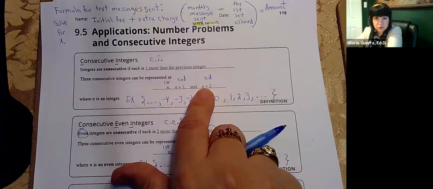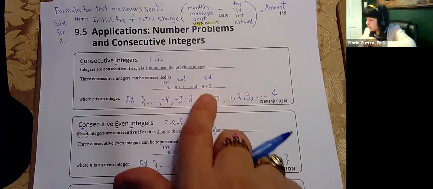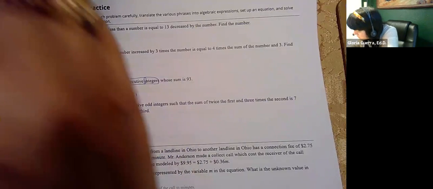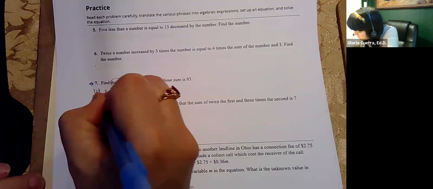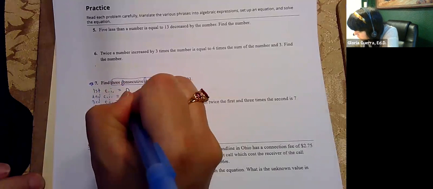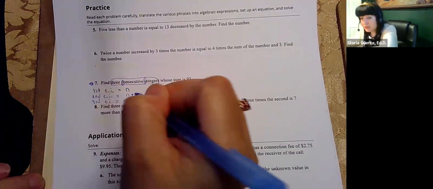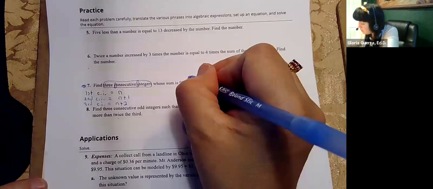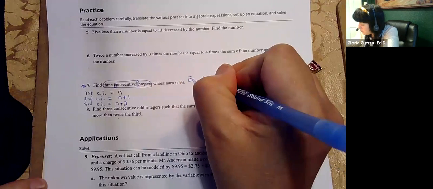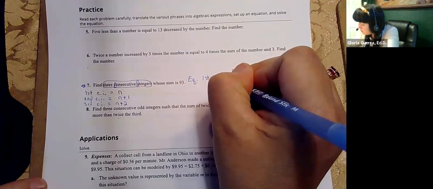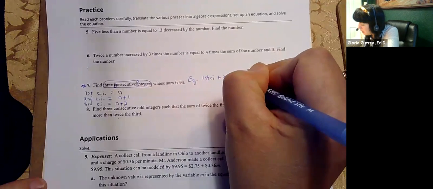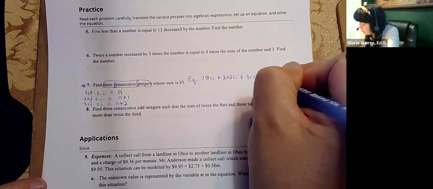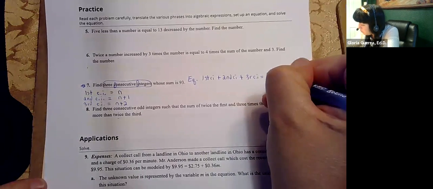You have to make sure you use the correct vocabulary. N plus 1, and then the third one is N plus 2. And then you're taking the sum. So when you write your equation, the first CI plus the second CI plus the third CI is equal to the total.